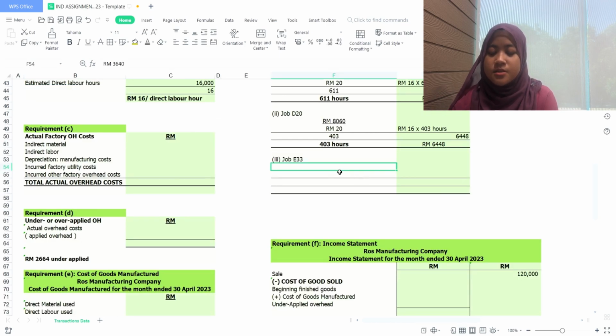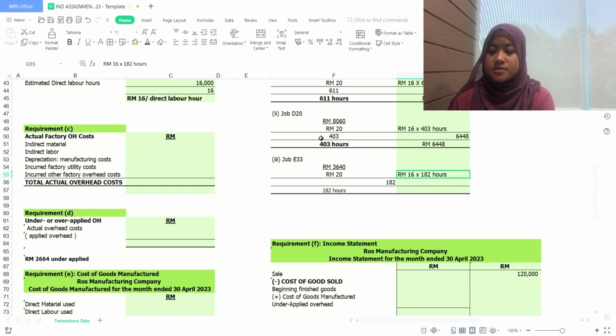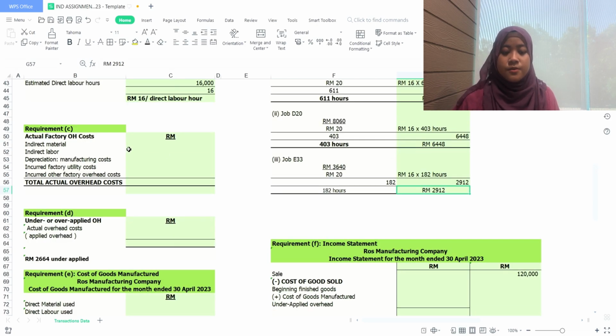So lastly, for the job E33, we have to divide 3,640 ringgit by 20 ringgit, we get 182 hours. So we times the 16 ringgit times 182 hours, we get 2,912 ringgit. So next, we have to find the actual factory overhead cost.